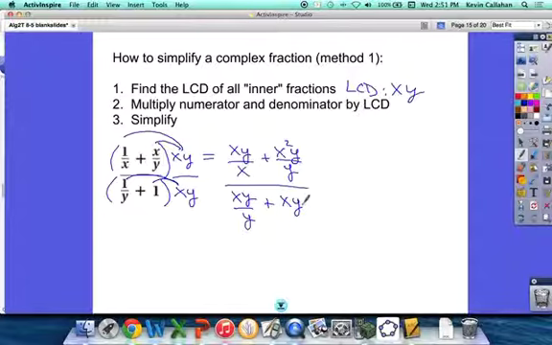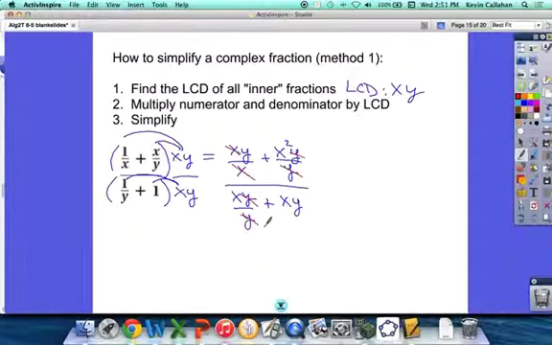Now notice in each one of these terms, you can cancel the denominator. Because you multiplied by the least common denominator, that means all the denominators will divide into it. So in this case, the x cancels with x. The y cancels with y. The y cancels with y. And done.